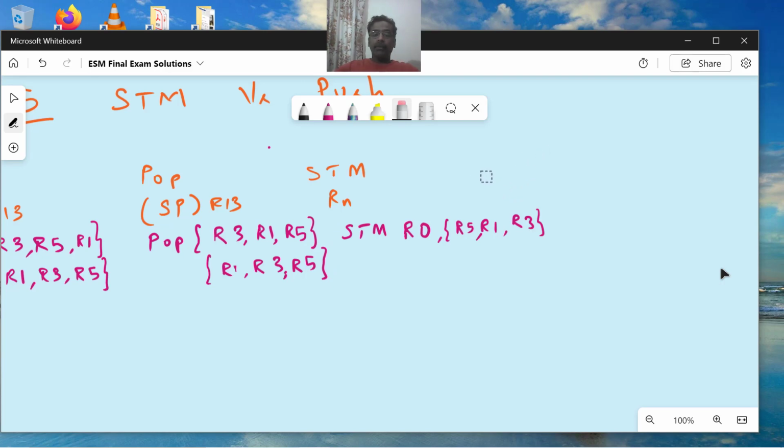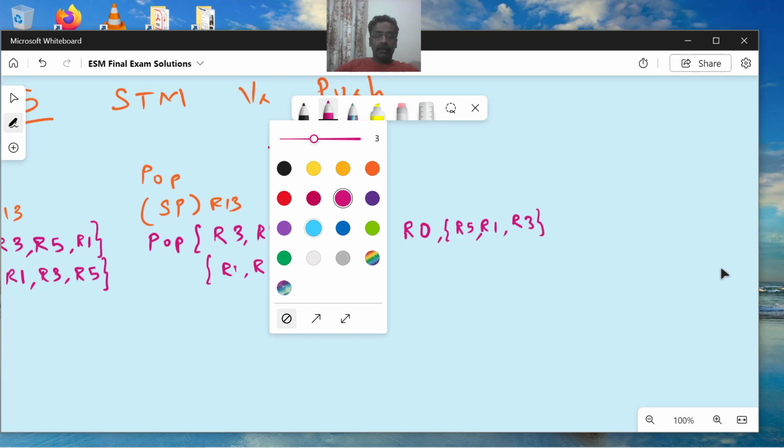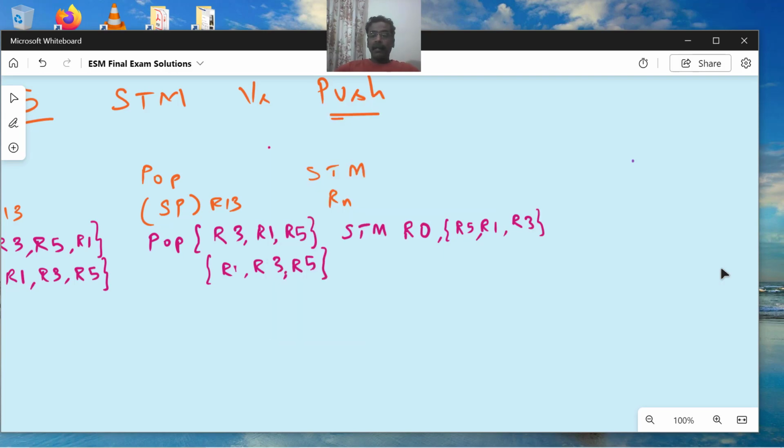Now I am going to give you the LDM instruction also. Okay, so maybe we'll take this color, LDM instruction. Here also I need to give one base register.